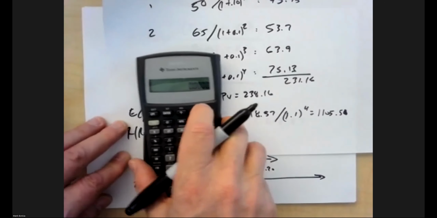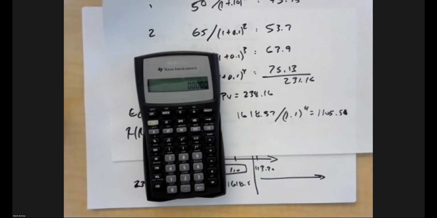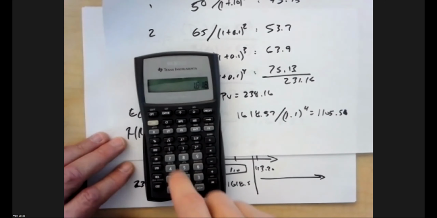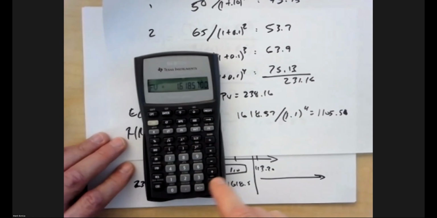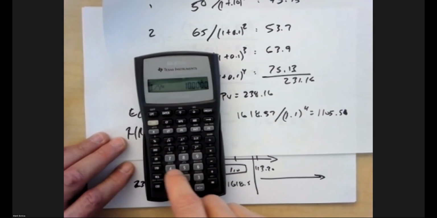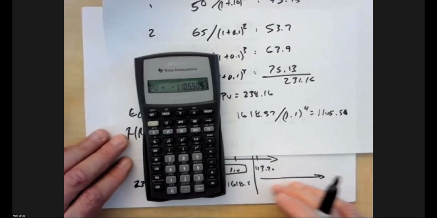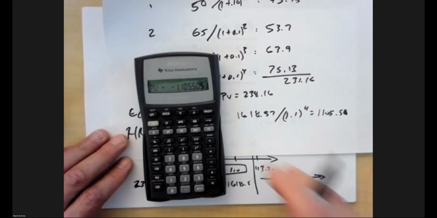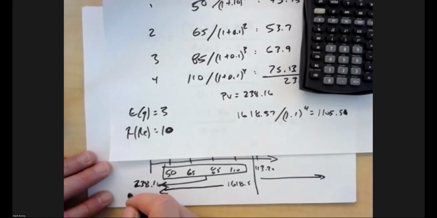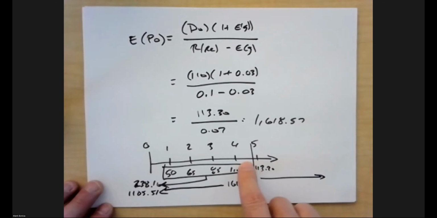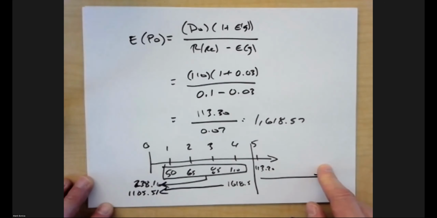What's another way I could do it? TVM. Clear my TVM. 1618.57 is my future value. My interest rate is 10. My N is 4. Compute PV, and I get 1105.51. So either way you do it, 1105.51 is the value of the going concern after year 4, right?